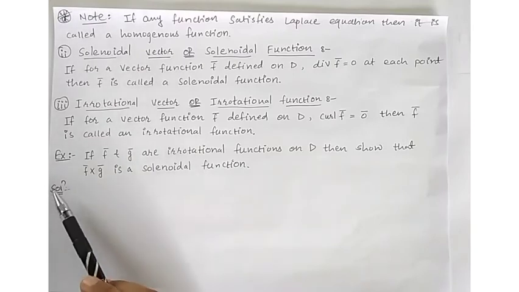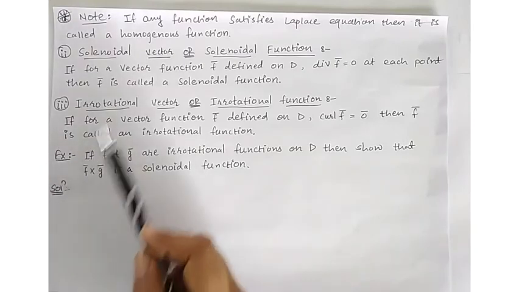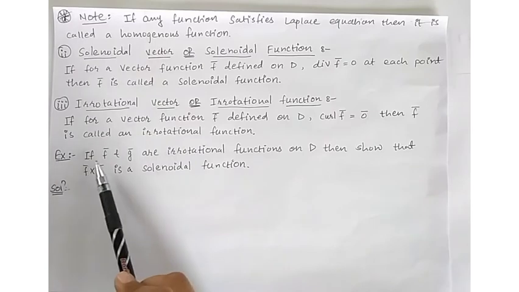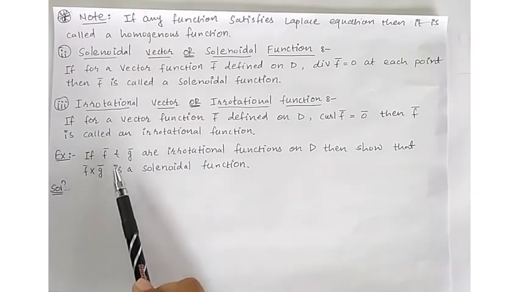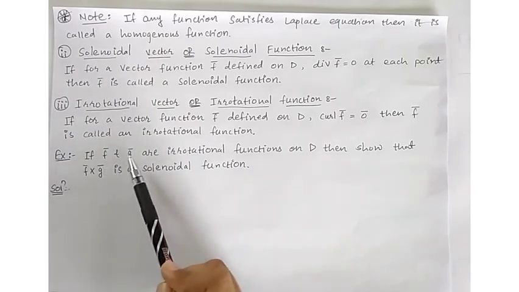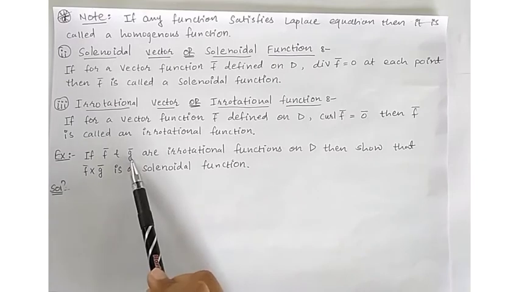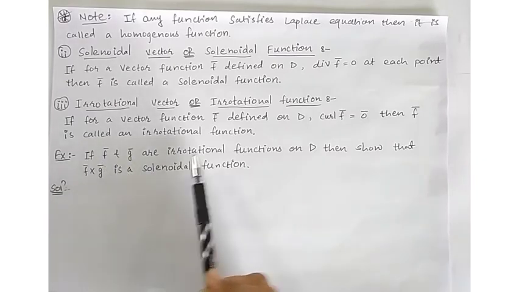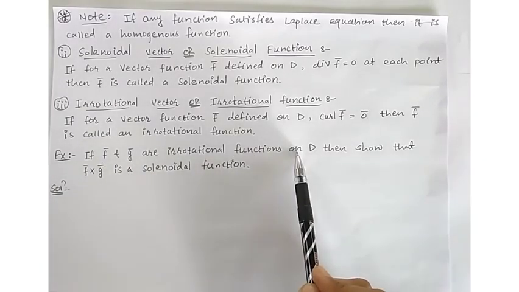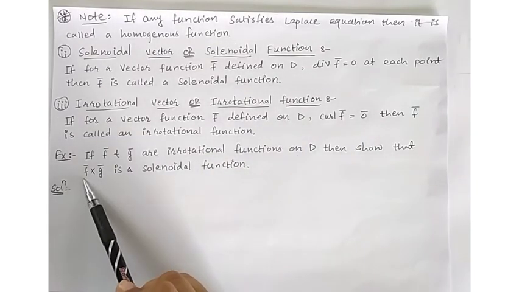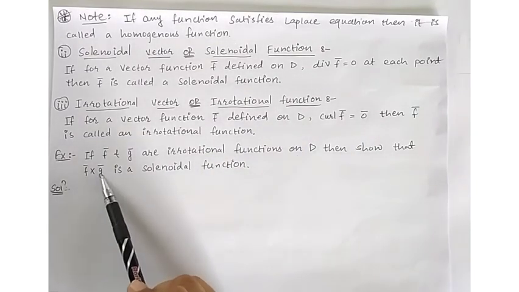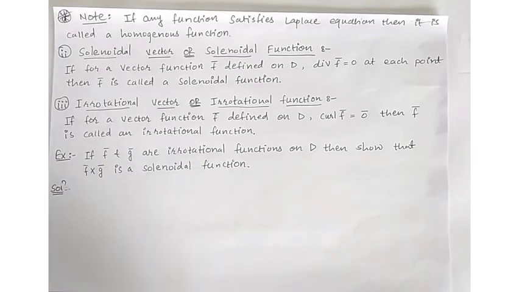Here is an example based on these two definitions: given two vector functions f bar and g bar that are irrotational on domain D, we have to show that the cross product of these two functions is a solenoidal function.